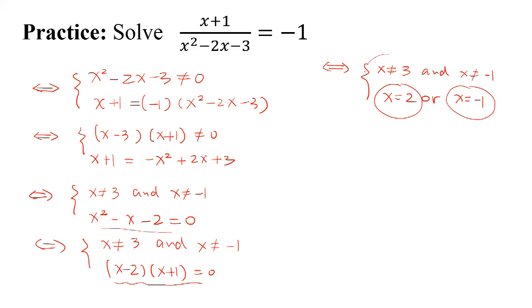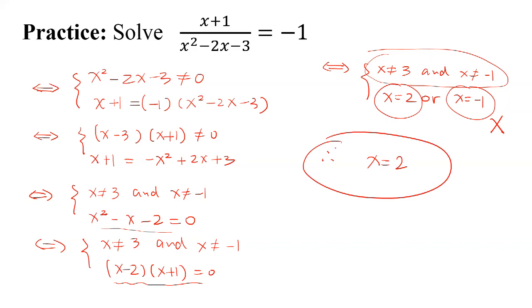But here, you should pay attention that x cannot be 3 and x cannot be -1. So the solution here cannot be accepted because it will make the denominator be 0. Okay, so consider all of these. The final solution is x equals 2.